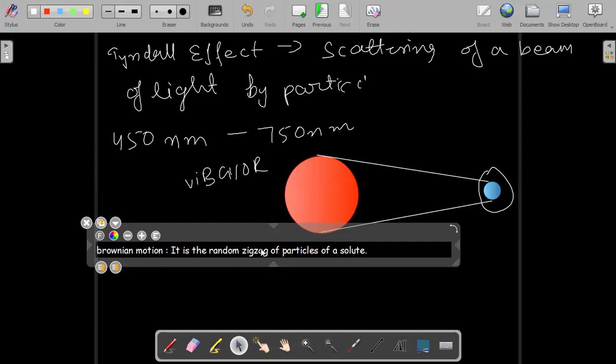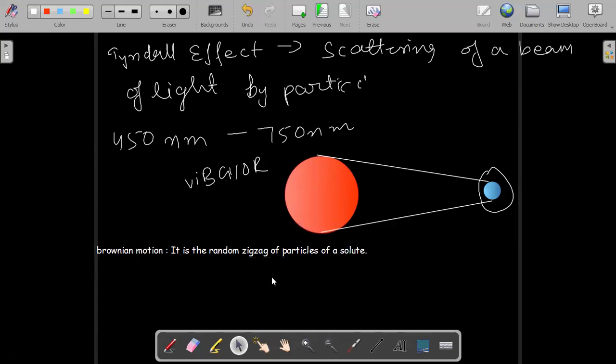See, a scientist took water in a beaker or a container, and in this he put a few pollen grains on the surface and started observing these pollen grains. He observed that none of the pollen grains are stationary.